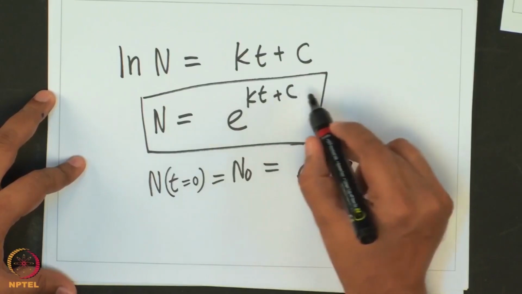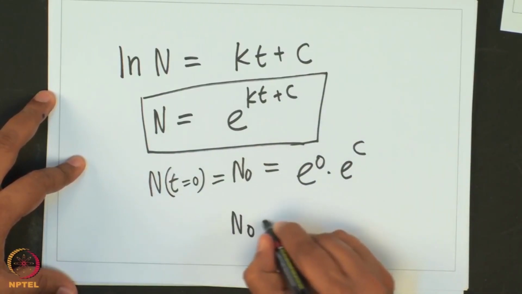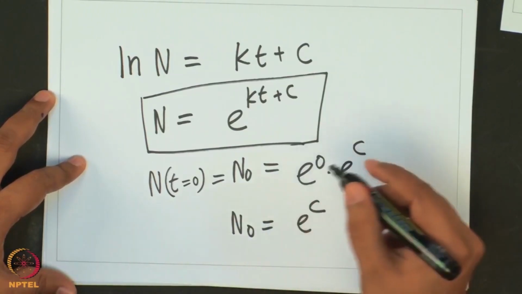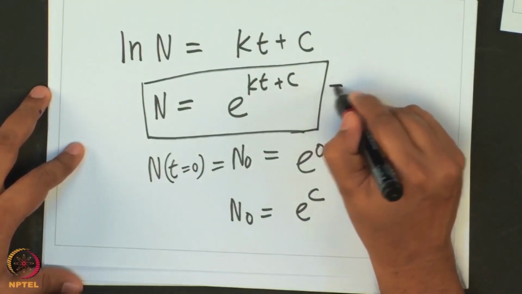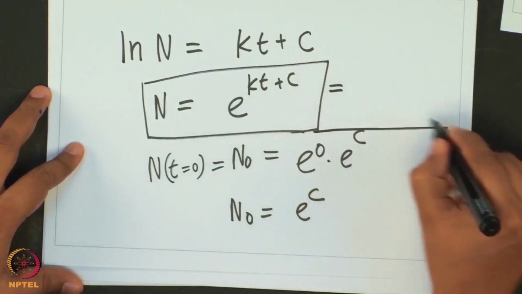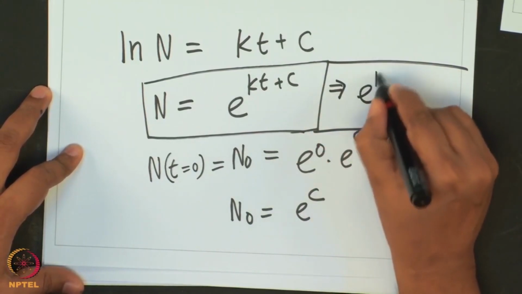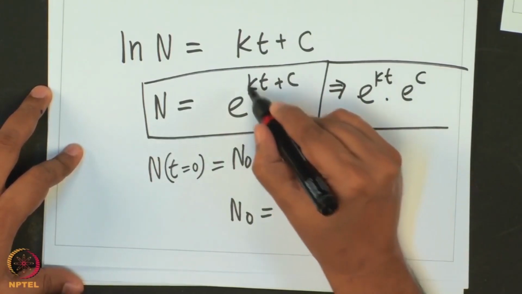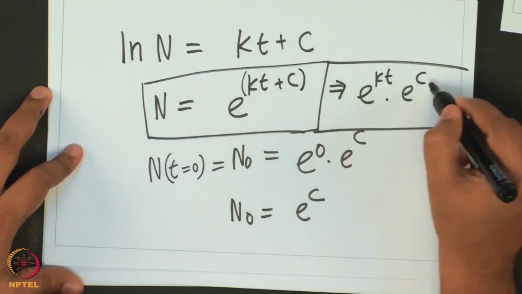So e power kt plus c is e power kt times e power c, since e power a plus b is e power a times e power b.